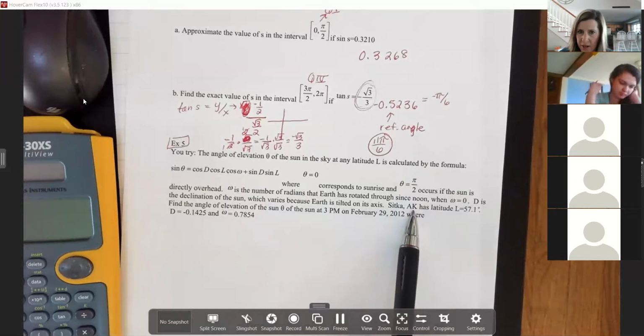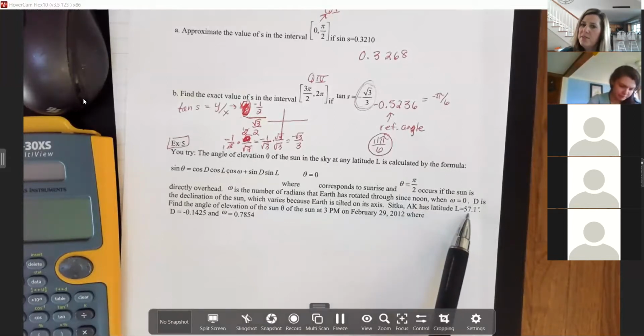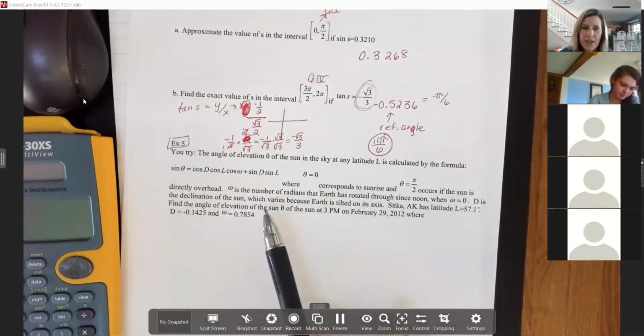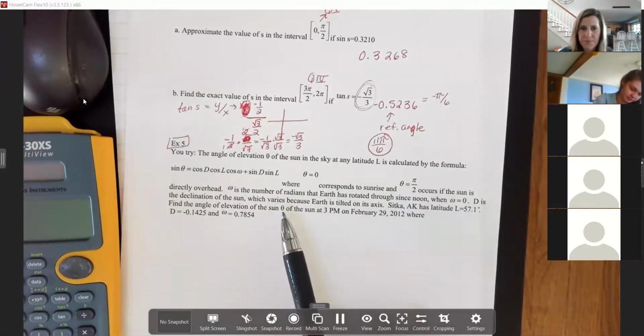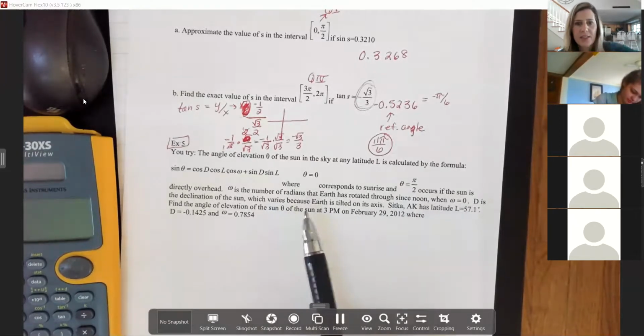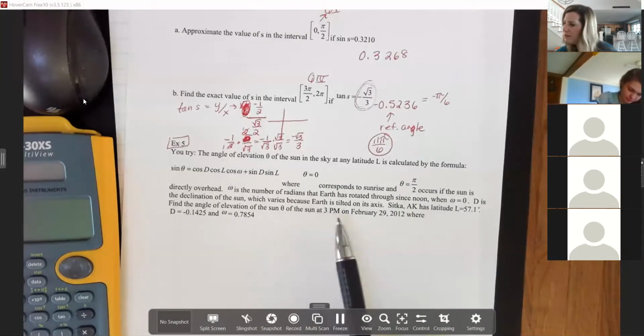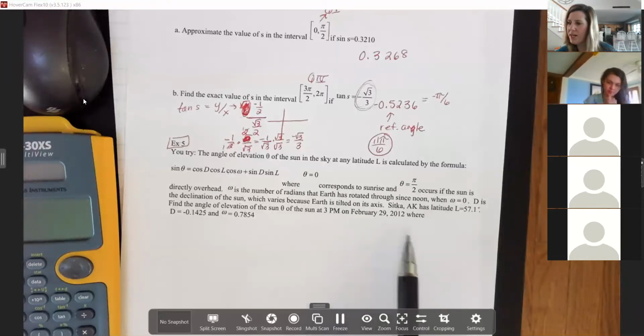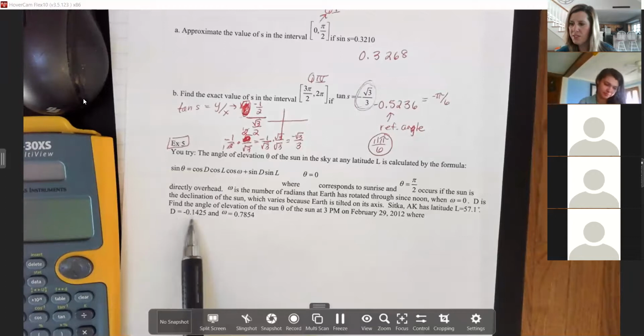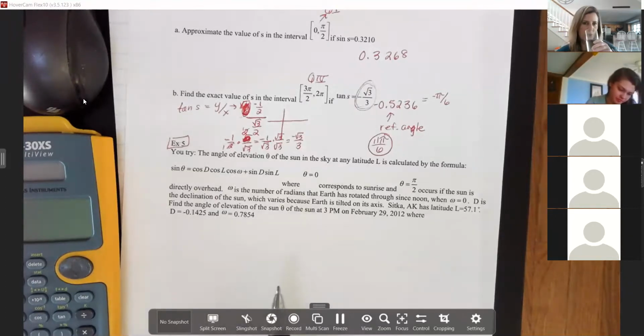Sitka, Arkansas has a latitude of 57.1 degrees. Find the angle of elevation of the sun theta at 3 p.m. on February 29, 2012. And it gives you what D is equal to and what omega is equal to. So this is really just a calculator plug-in.